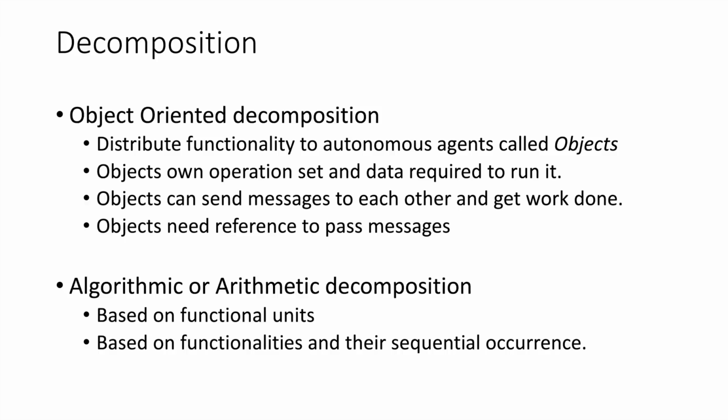This is going to be the smallest unit of the object-oriented world. Now objects need not do everything on their own because they always believe in cooperation. Objects can send messages to each other and get work done from others, otherwise decomposition will not be there.